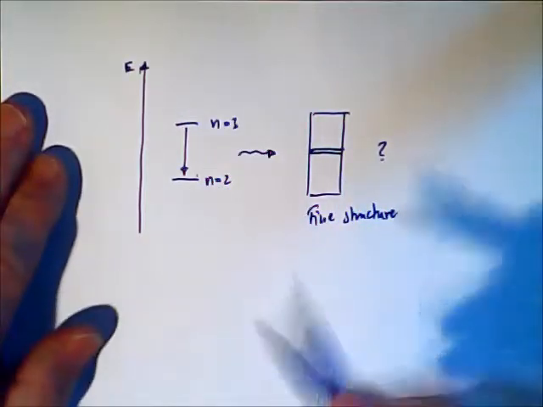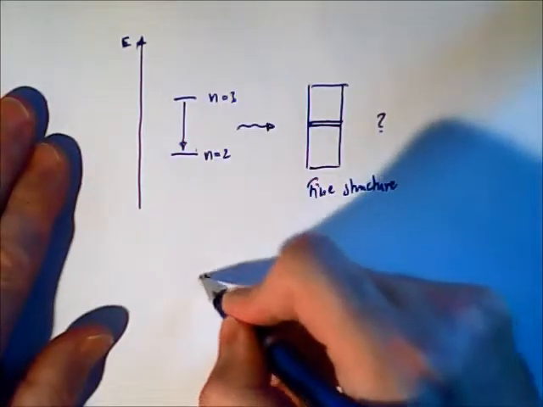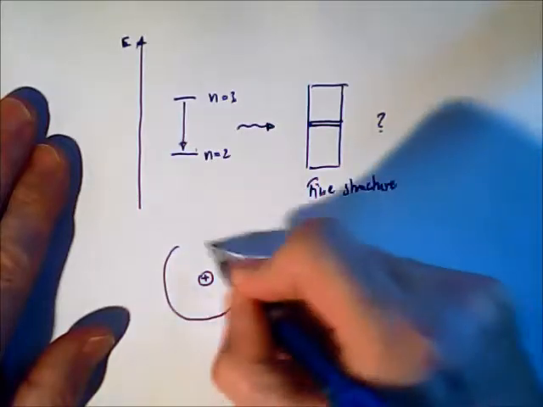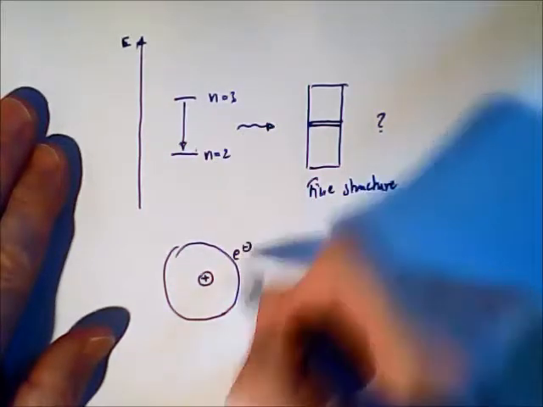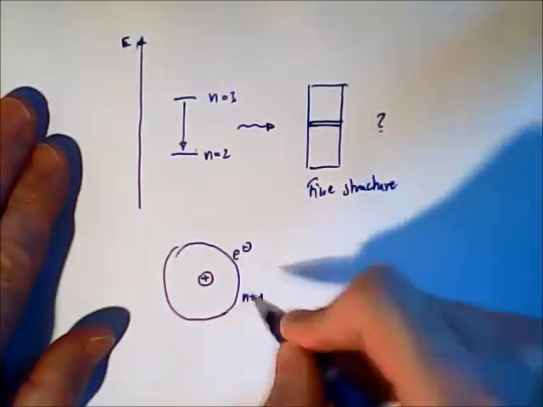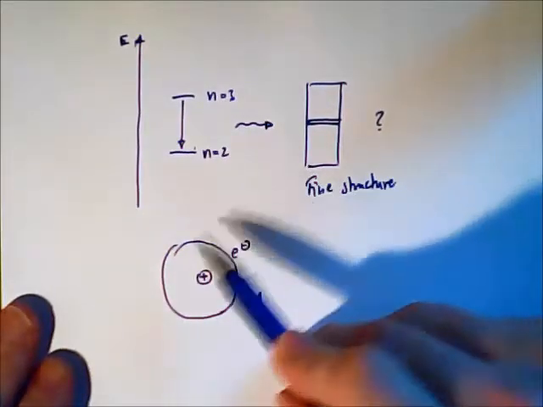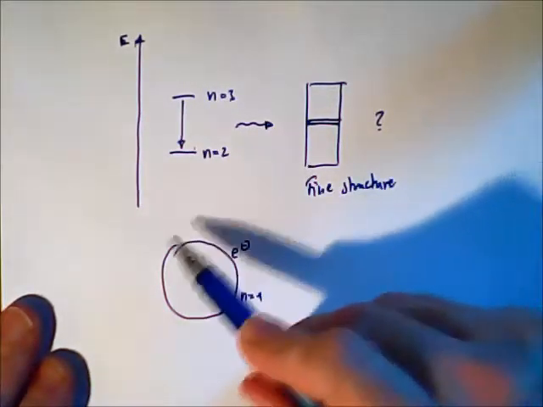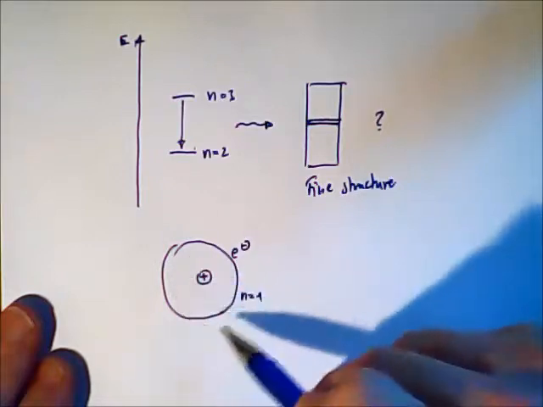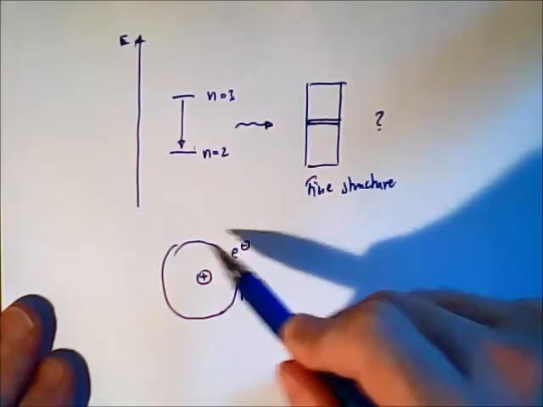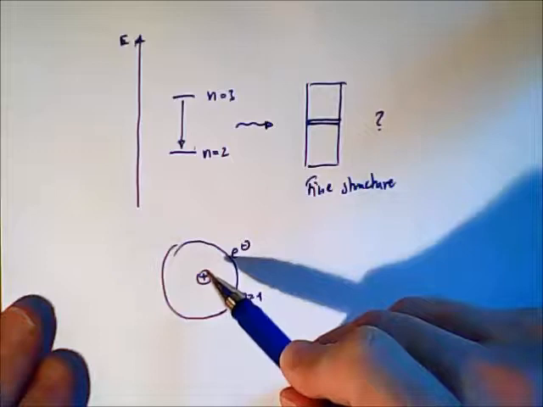Second thing, we cannot explain why the electron would stay on certain orbits. From classical physics, there is no reason why the electron has a certain distance.